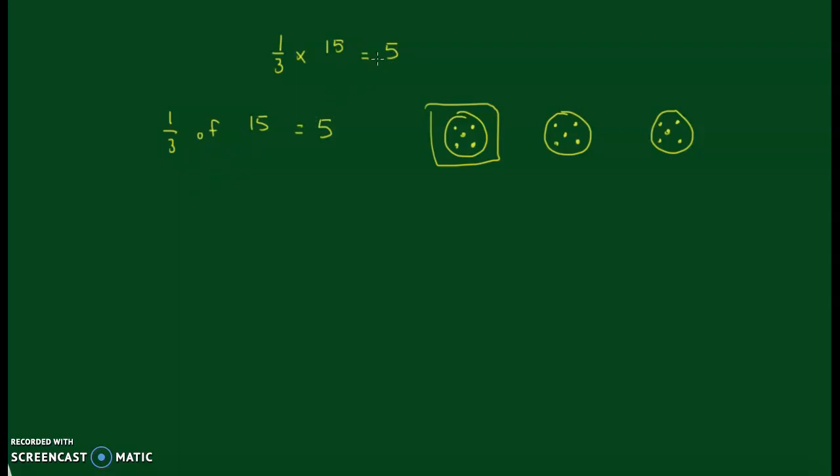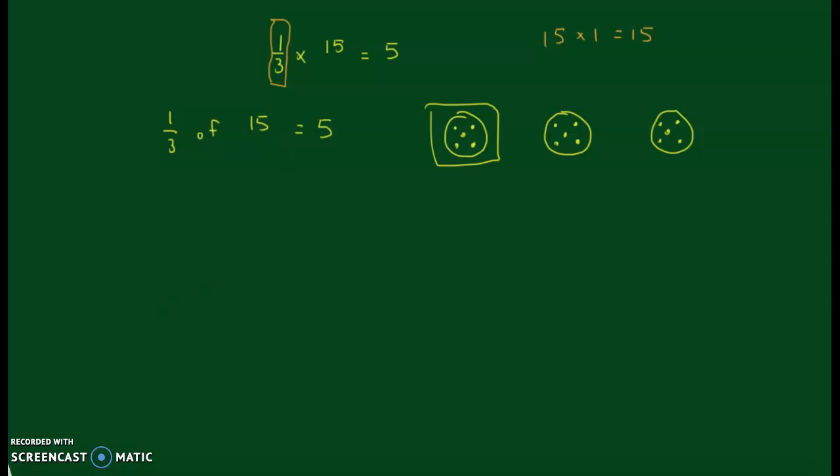Sometimes we think that when we multiply we get a bigger answer, but that's not always the case. I like to think about multiplying by 1. So 15 times 1 is 15. But I multiplied by 1/3, which is less than 1. So if I multiply by a number less than 1, I'm going to get a smaller answer. And in this case, you can see that it's 5.